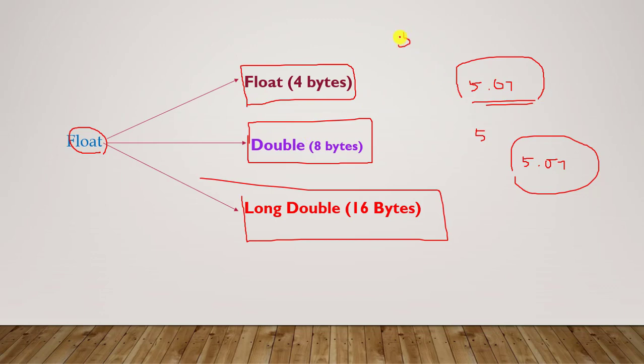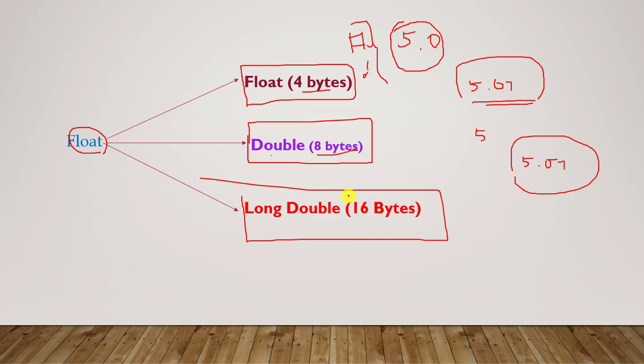When you wanted to store 5.0, you can use either float as a data type or double as a data type, because both are used to store real numbers. In this case, float needs only 4 bytes, but double needs 8 bytes of memory.